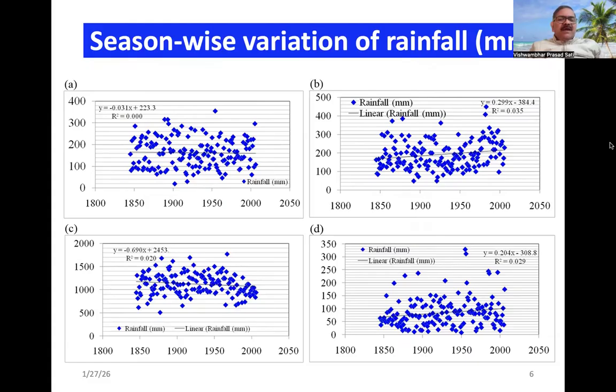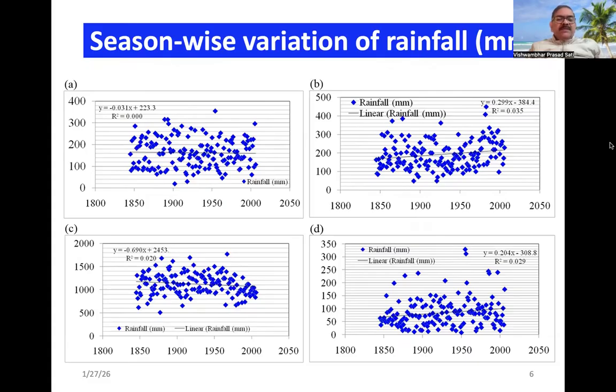The third graph, C, is for the months July, August, and September, and these 3 months are meant for the monsoon rain, heavy rainfall in this part of the Himalaya, but the trend is decreasing, and the R square value is 0.020.